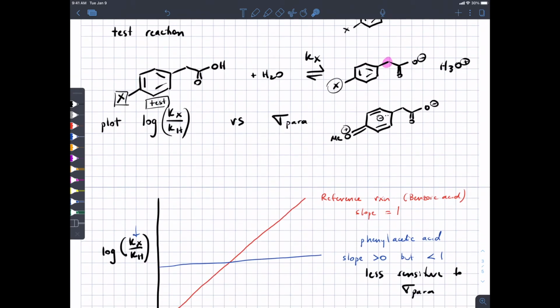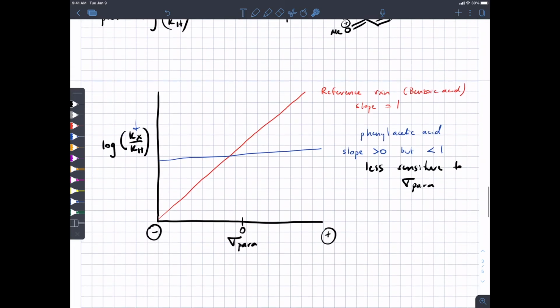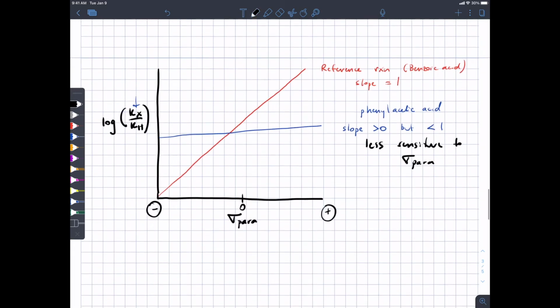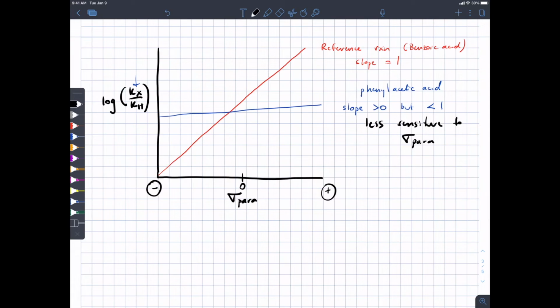Now, the magnitude of the slope is going to matter, and the sign of the slope matters, right? Because in this reaction, we're still building up negative charge as we go from starting materials to products. So there are two things we can get out of this kind of analysis. You're going to look at the sign of the slope, which is going to tell you, is there a buildup of negative charge like with benzoic acid?